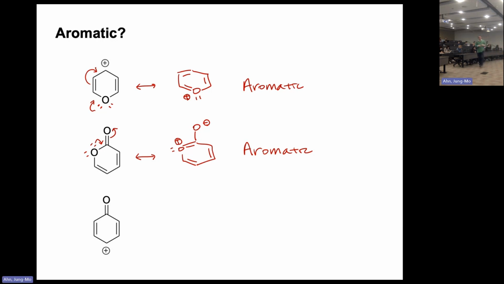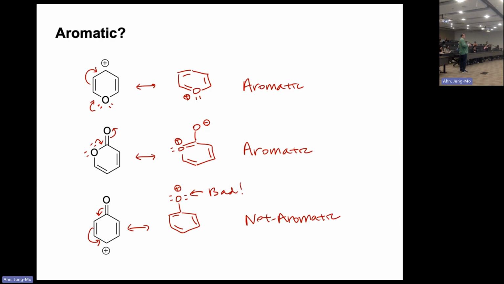What about this one? Well, since we're doing the same thing, let's move the electrons and see what happens. We can push the electrons in here and then push that one out. That looks like a benzene type of structure. But if you do that, you have to realize that this oxygen has just 6 electrons around it.